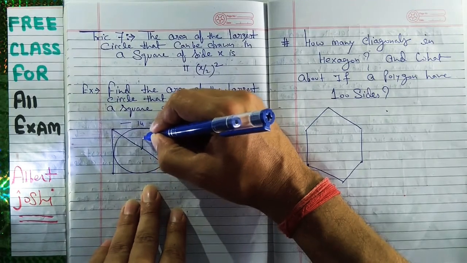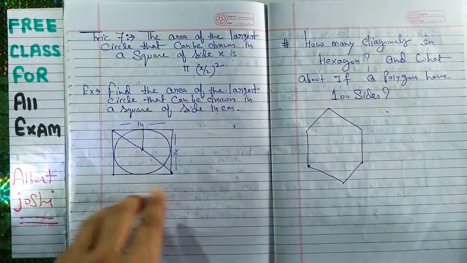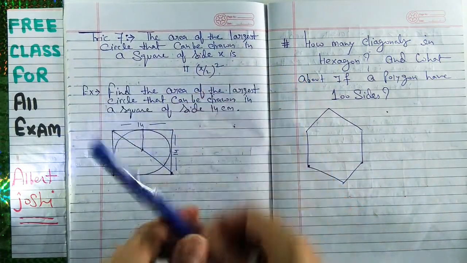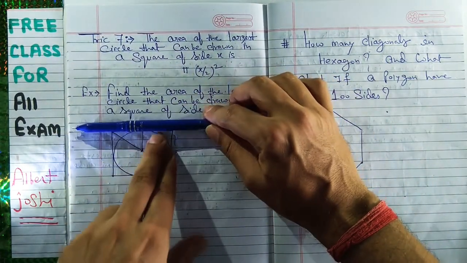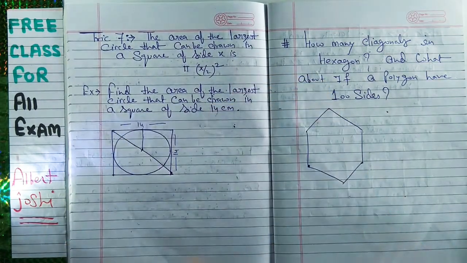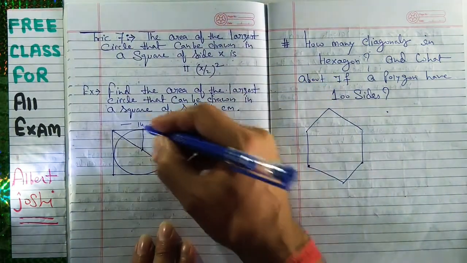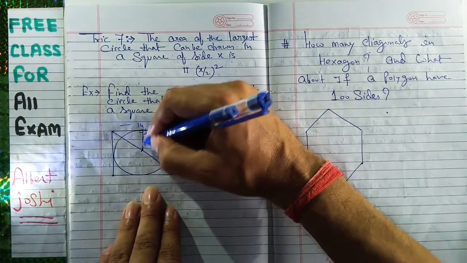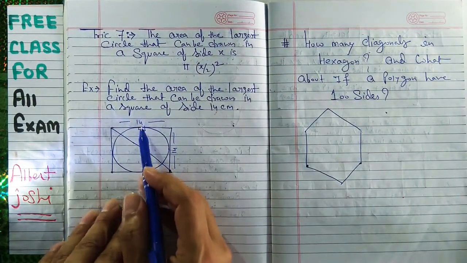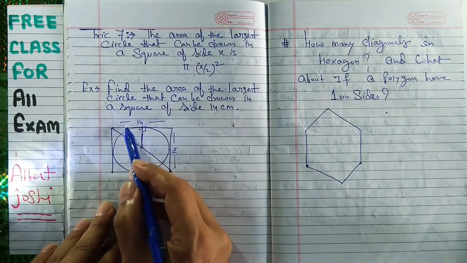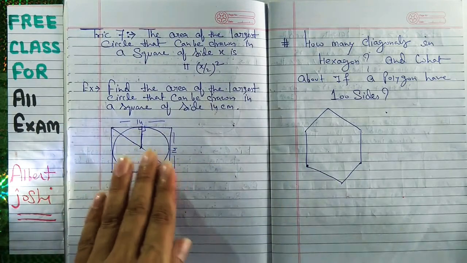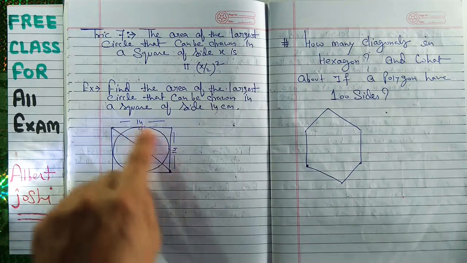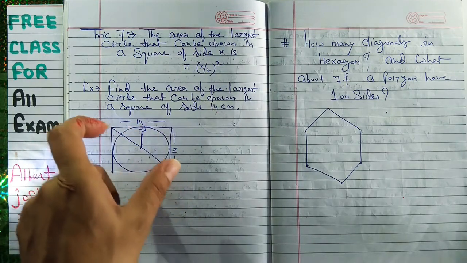By the help of this you can also find, and you can also use this line, it touches this circle, so that is the tangent. So in this condition the angle will be 90 degrees, and this is your radius, and it will also be equal in two parts. So this part and this part are the same. So by the help of this high school calculation you can also find the area of this circle, but it will take more time.